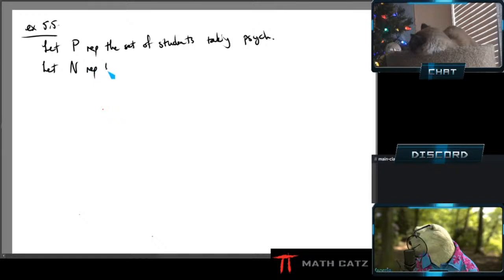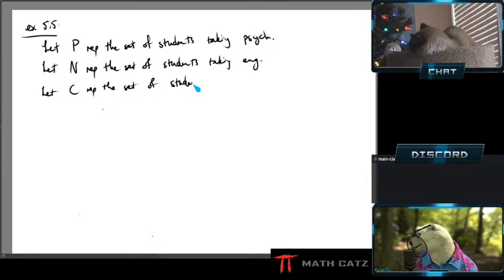Let N represent the set of students taking engineering, and let C represent the set of students taking economics. Even though I'm in a hurry, I'm still writing out my sentences.